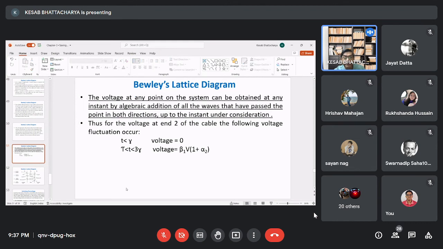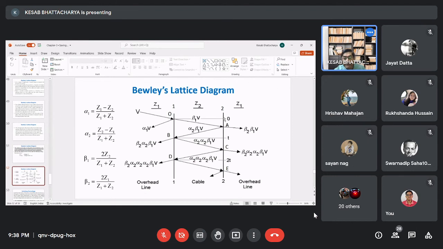Thus, for the voltage at N2 of the cable, the following voltage fluctuation occurs. For T less than tau, voltage is equal to 0, because we have assumed that the time taken for the wave to travel from one end of the cable to the other end is tau. So when it is less than tau, it will not reach the other end of the cable.